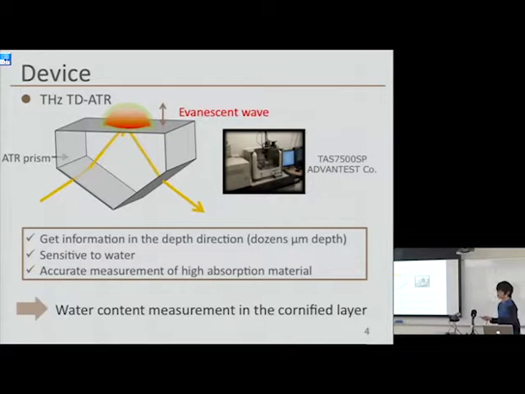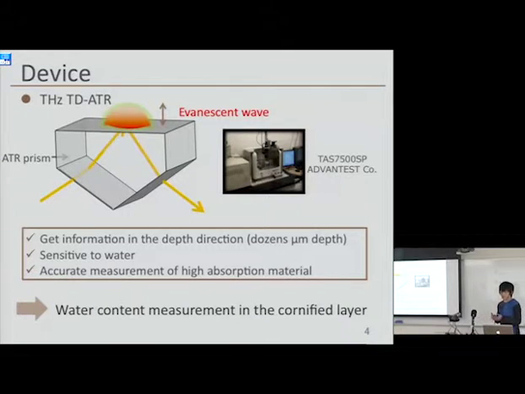So I want to measure the water content in the cornified layer by using terahertz time domain attenuated total reflection spectroscopy. When the terahertz wave is radiated into the ATR prism and reflected totally, an evanescent wave appears on the surface of the ATR prism. The evanescent wave penetrates out of the prism and comes back into the prism.